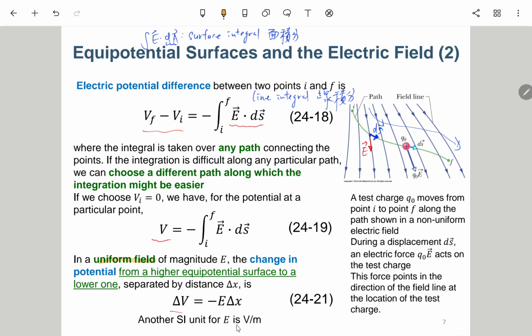Okay. And of course, when we introduce a new variable, we need to mention the SI unit. For potential delta V, the SI unit for V is V. Okay, actually, the long form is volt.